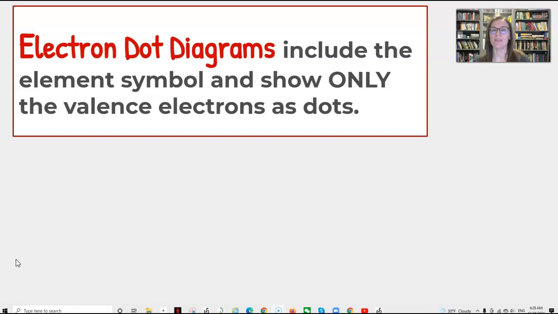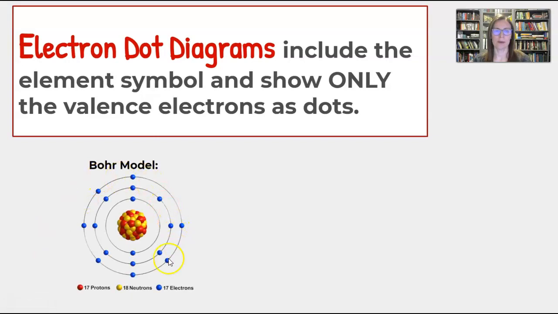All right, so then we have these things called electron dot diagrams. Add this to your Cornell notes, right? This is a definition. The electron dot diagrams include the element symbol and then only the valence electrons as dots. So the valence electrons are those electrons on the very outside energy level that you were drawing.